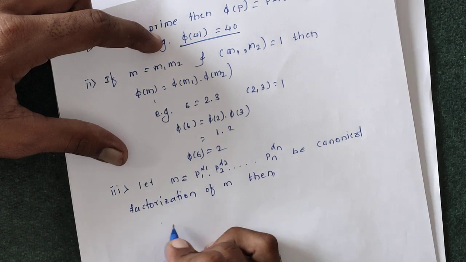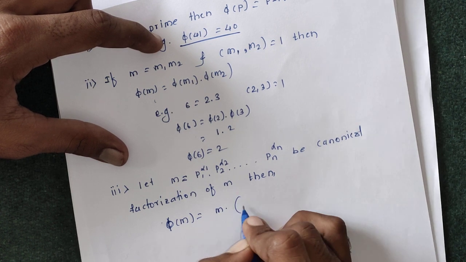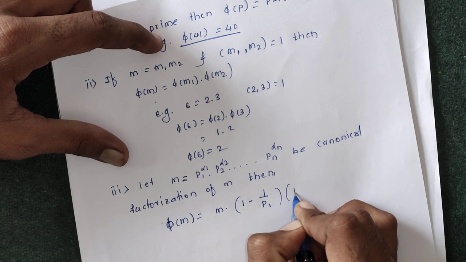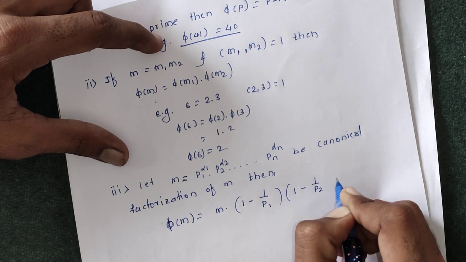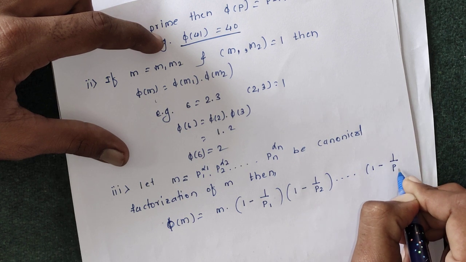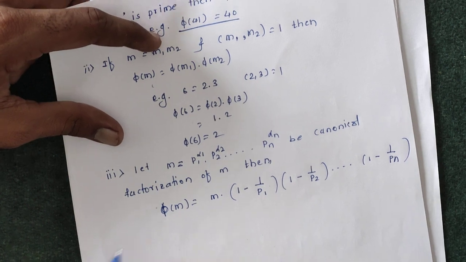then phi of m is equal to m into 1 minus 1 upon p1 into 1 minus 1 upon p2 up to 1 minus 1 upon pn. This is the most important note.